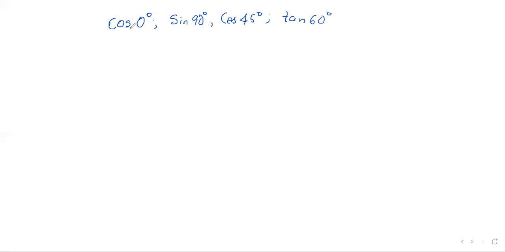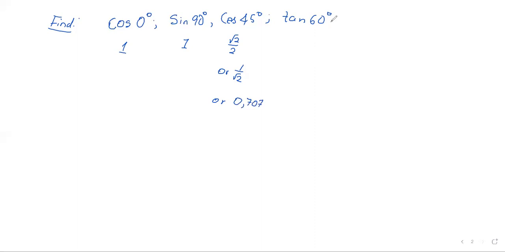If you punch your calculator, the cos of 0 degrees will be 1, the sine of 90 will be 1, and the cos of 45 will be root 2 over 2, or 1 over root 2, or 0.707.